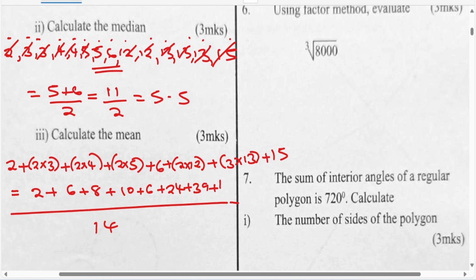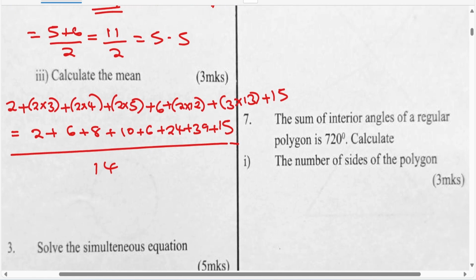It's supposed to be 15. If I add all of them now correctly, 4 plus 4 plus 5 plus 6 plus 12 plus 12 plus 13 plus 15 gives you 105. So you get 105 divided by 14.